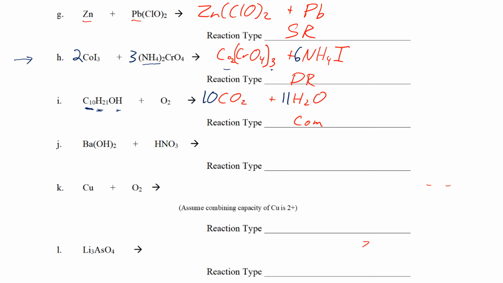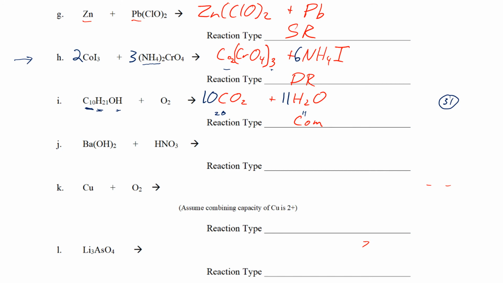So on this side, at this point, I have 10 times 2, so that's going to be 20 oxygens plus 11 oxygens. So I'm going to have 31 oxygens on the product side. So I need to have 31 oxygens on the reactant side.